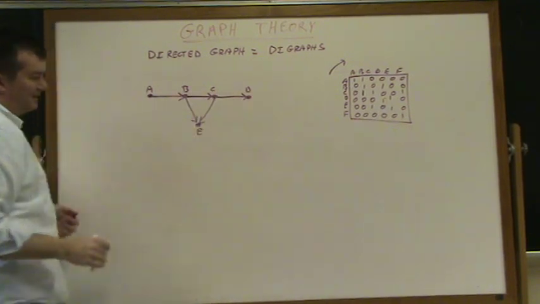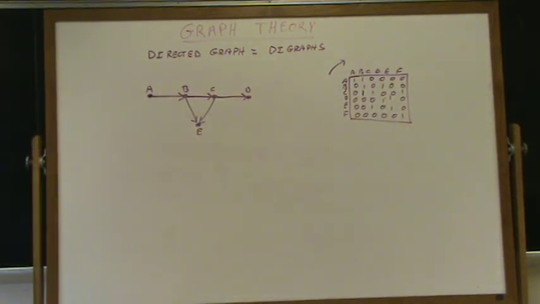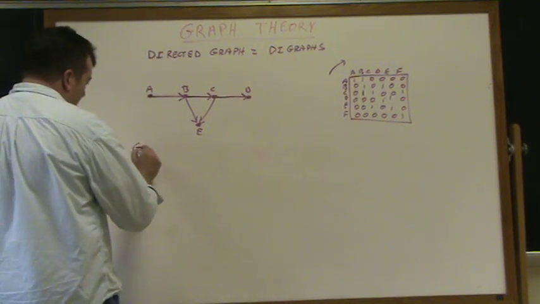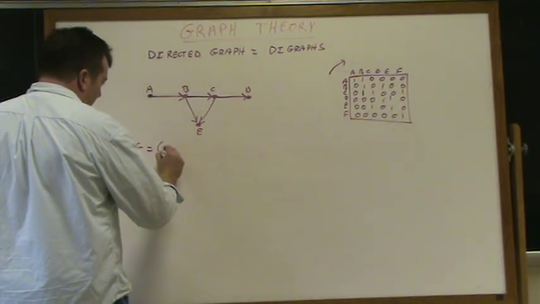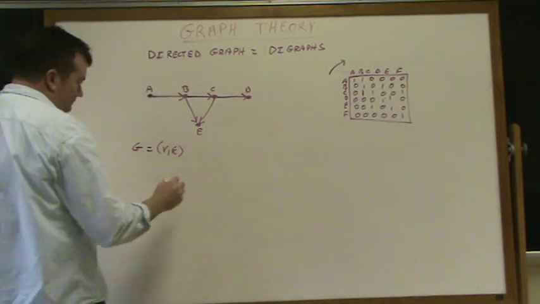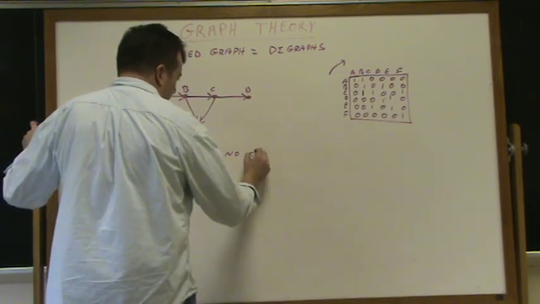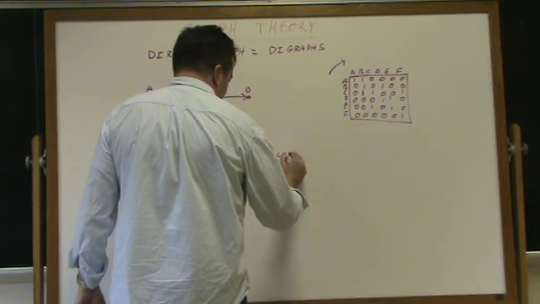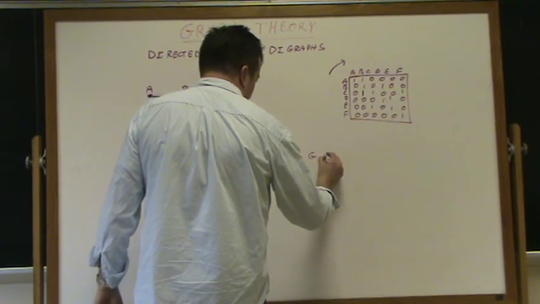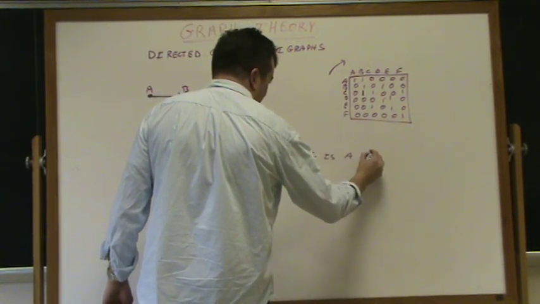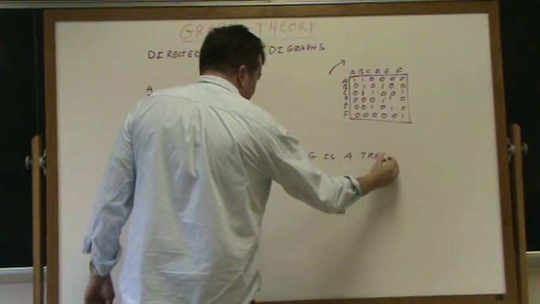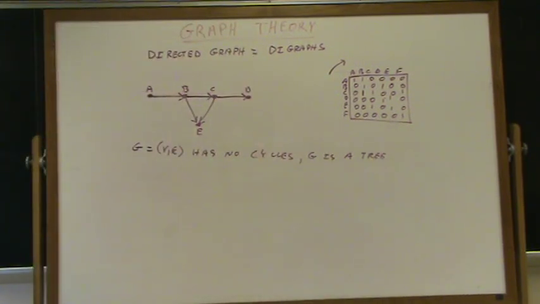Everything seems to sink into E and can't get anywhere. So it's possible for a graph to not have a cycle. So if a graph, if G equals (V, E), that's a graph, has no cycles, then G is a tree.